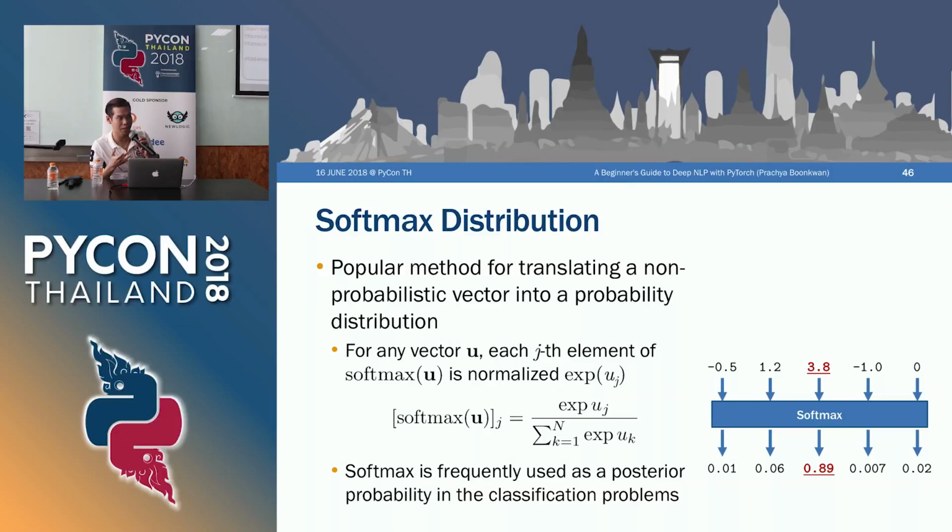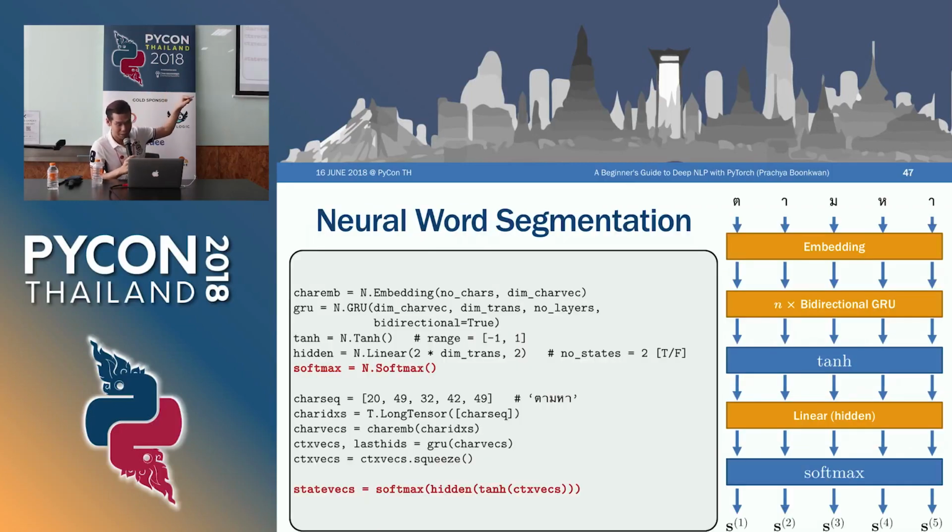So this is the way we implement the word segmentation. We declare the embedding layer and the number of bidirectional GRU layers as the second line. In the third line, we declare the hyperbolic tangent function. The next one is the hidden layer, and the last one is the softmax. The way we compute that follows standard practice.